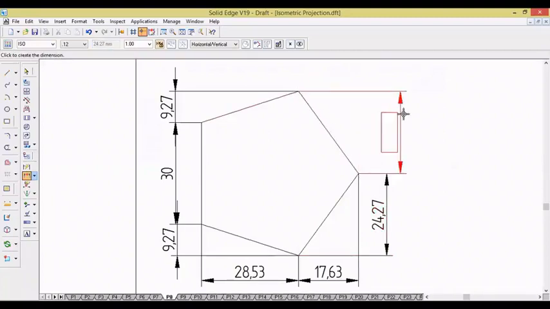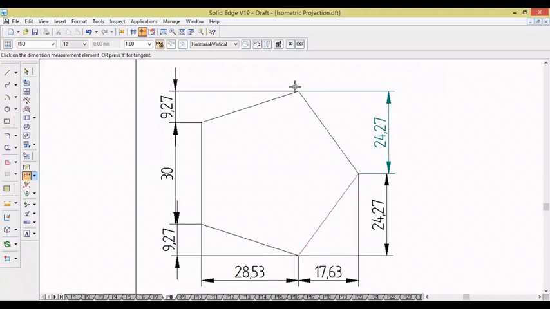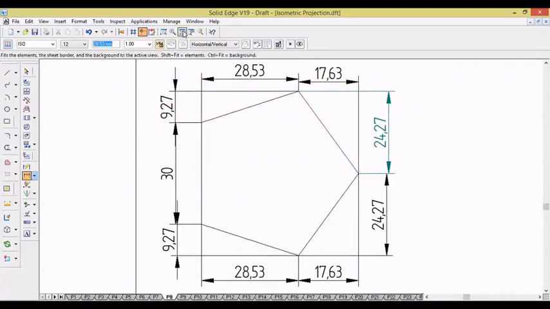So we are getting all the dimensions of the pentagon. Anyhow, the bottom dimensions we got, the same dimensions we get at the top also.